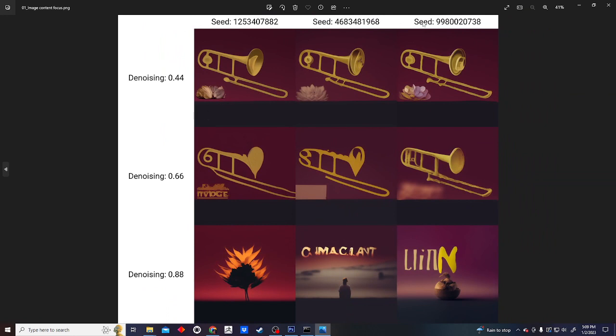So I have three different seeds, which are just pretty much random locations to start from, or random structures to start from, and how it's generating its noise.